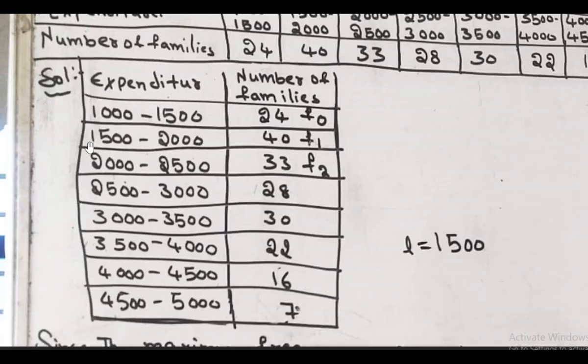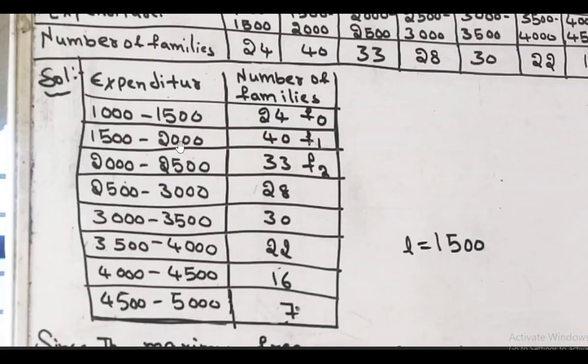In that way, the 1500 to 2000 rupees class is the modal class. From this modal class, the lower boundary 1500 is taken as the L value.